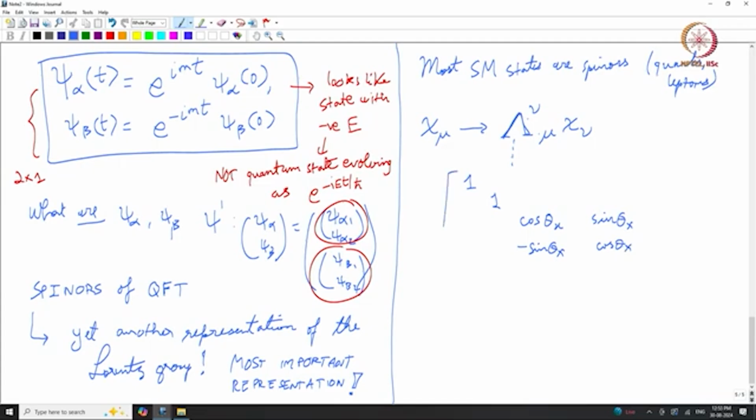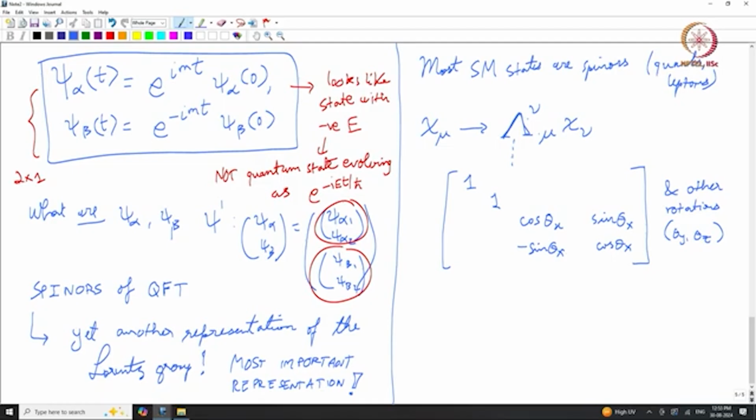Anything else I have not written should be taken as a 0. And of course other rotations involving theta y and theta z. Good.